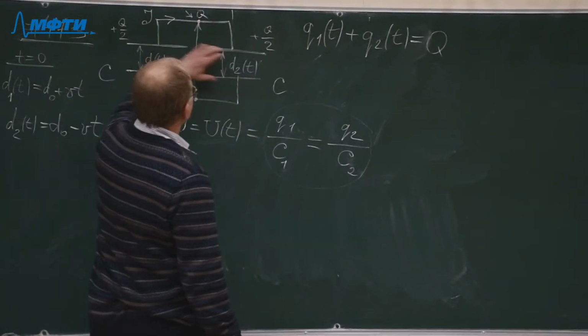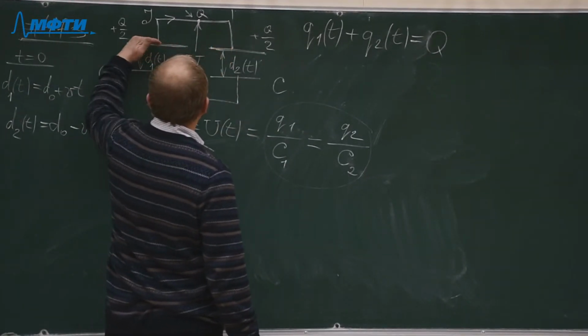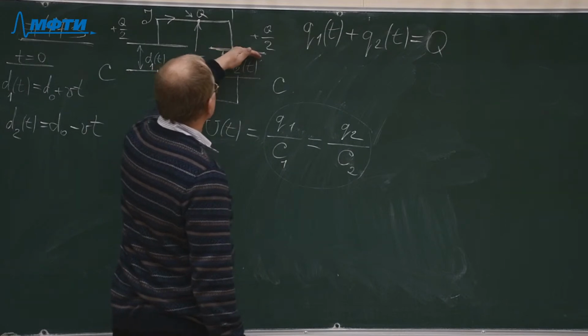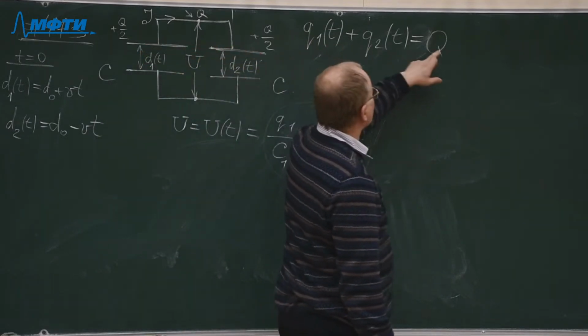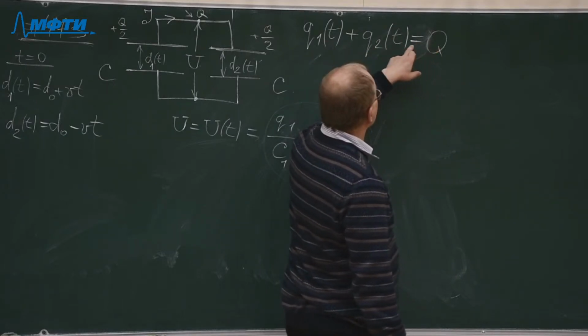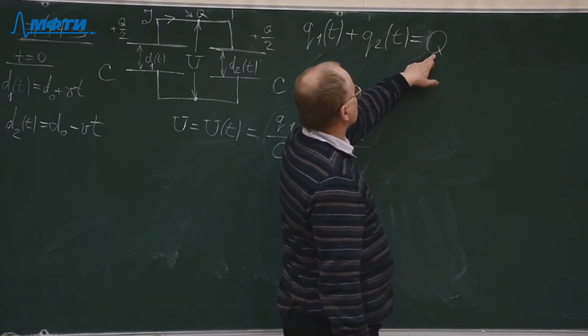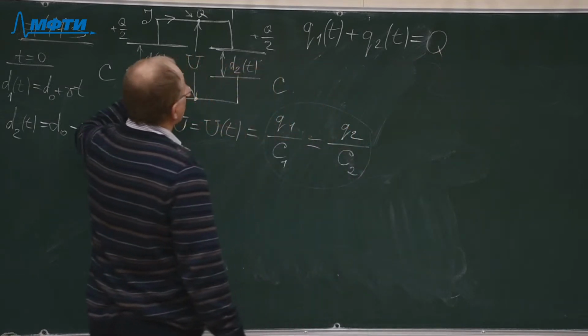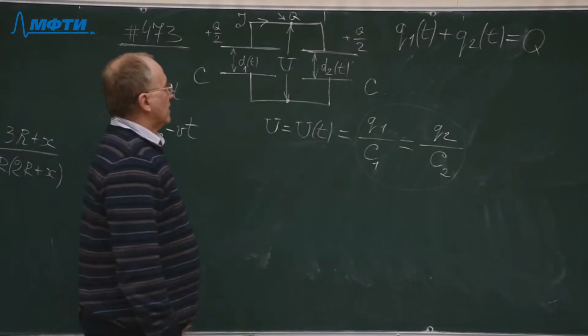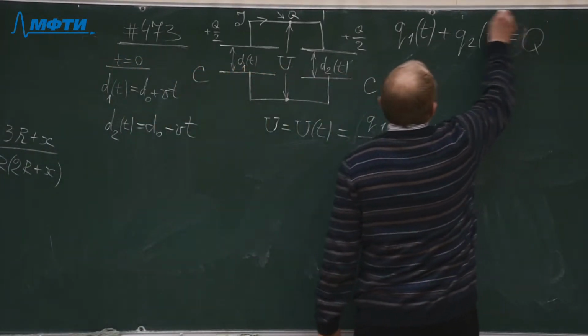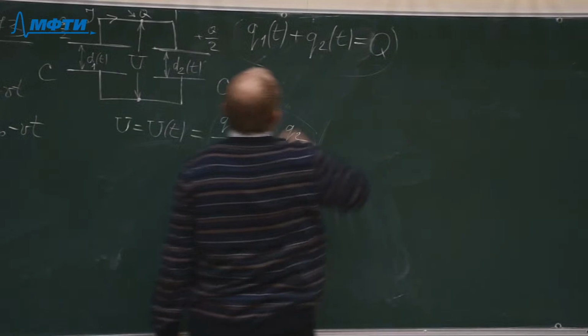So whatever changes in the charges on the plates of the first capacitor and the second capacitor, the sum of these two charges remains constant and equal to the initial charge because of the law of conservation of electric charge. So we have another condition to solve this problem.